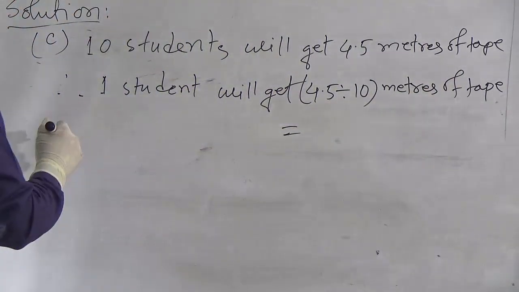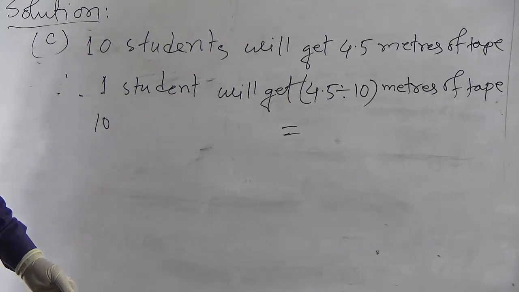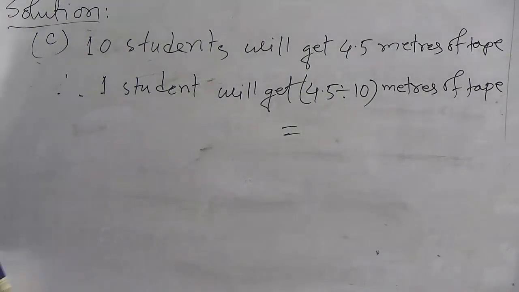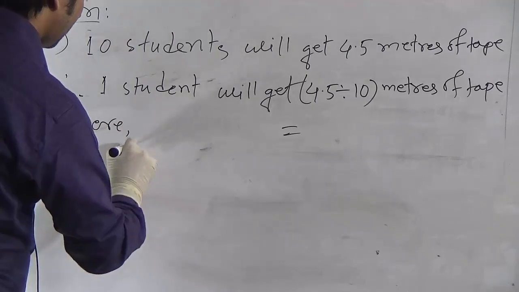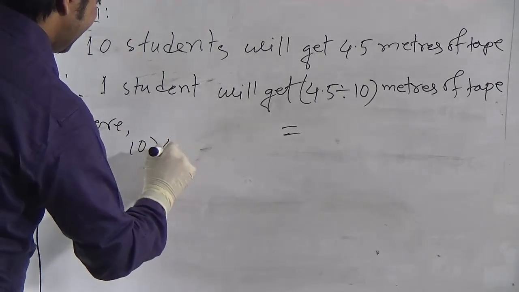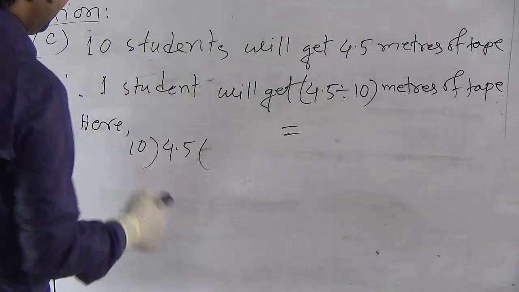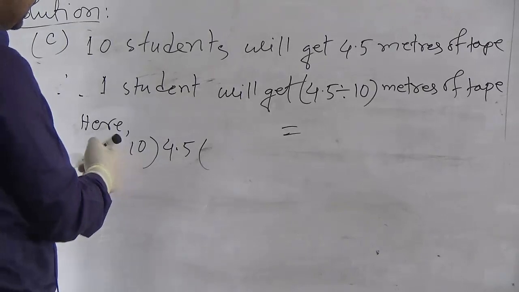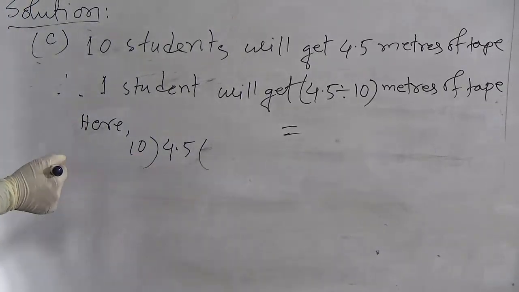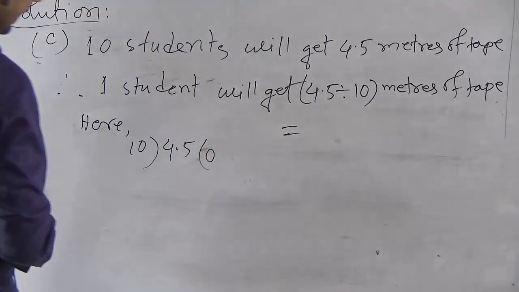Now I'll show the division here. 4.5 we have to divide by 10. Here before the decimal there is a single digit number, so we divide this by the 2 digit number 10. So we have to take a 0 in the quotient at first.